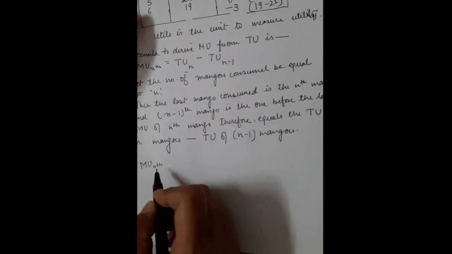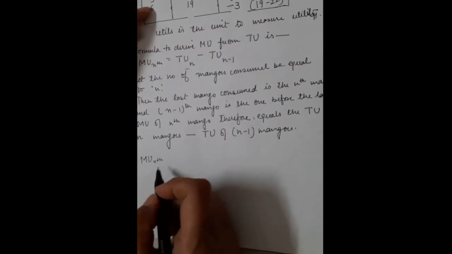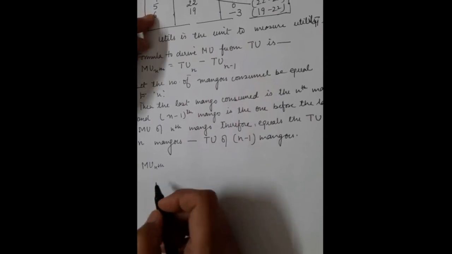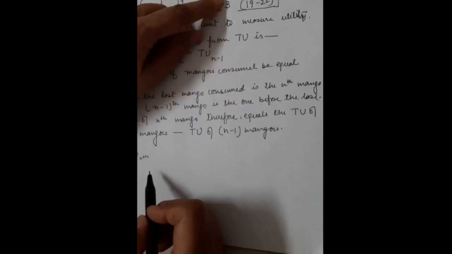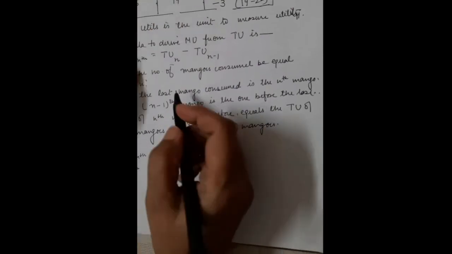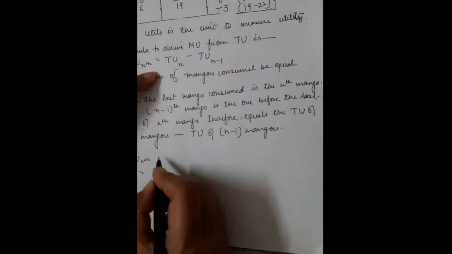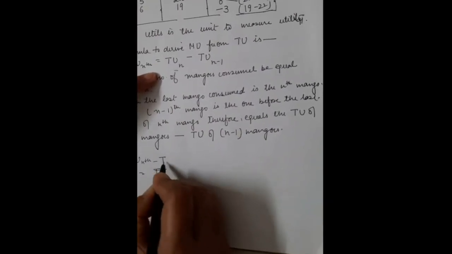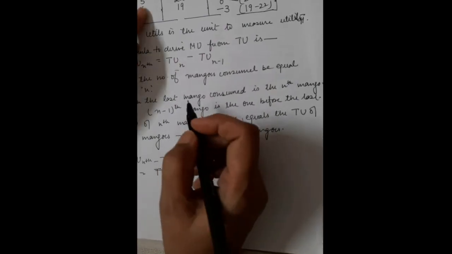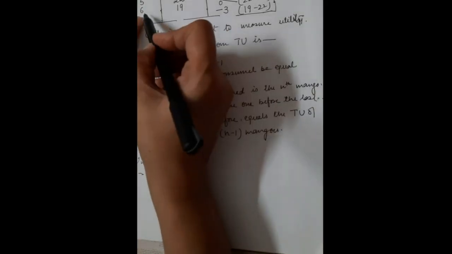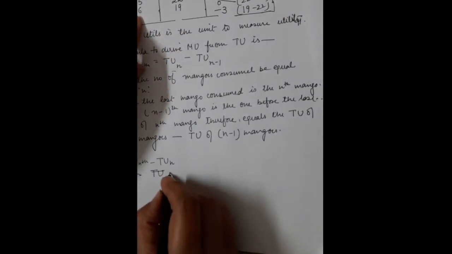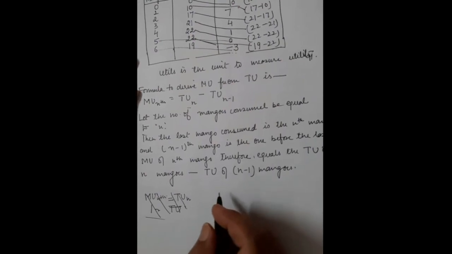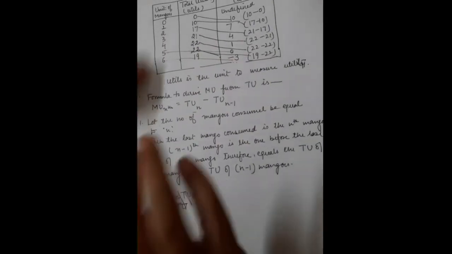Now suppose the nth mango is the 5th. Right. MU of the nth mango, the 5th, in our case, and its marginal utility is equal to 0. Now look at the formula.